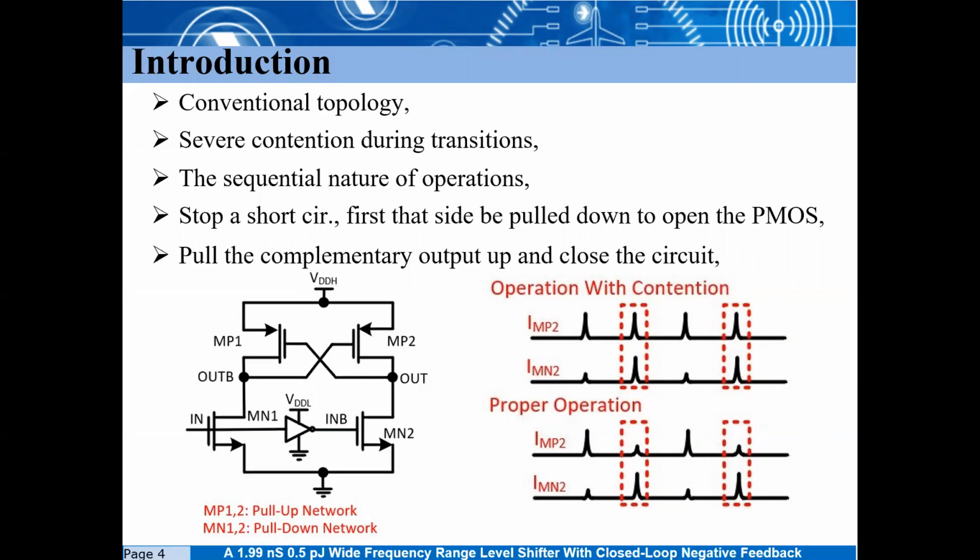To stop a short circuit on one side of the level shifter, the output level on that side must first be pulled down to open the PMOS on the other side, and thus pull the complementary output up and close the circuit. In the right figure, operation with contention and proper contention is illustrated.